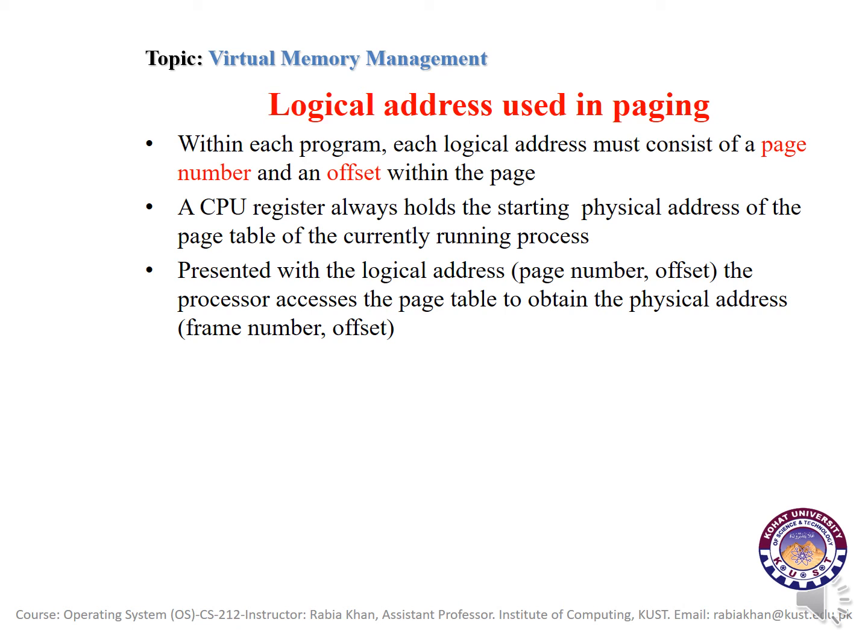The physical address consists of the frame number which has been obtained from the page table, and the offset is linked to it as it is. So the offset comes here from the logical address. It is not changed.